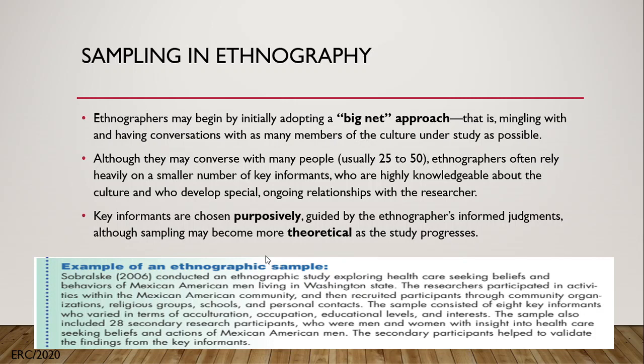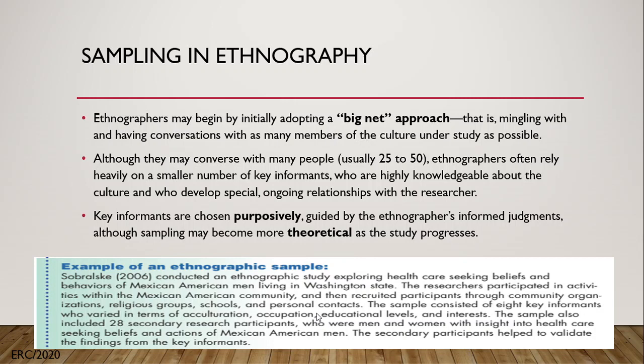The sample consisted of 8 key informants who varied in terms of their acculturation, occupations, educational level, and interests. Okay, the sample also included 28 secondary research participants who were men and women with insights into the healthcare seeking beliefs and actions of Mexican American men.